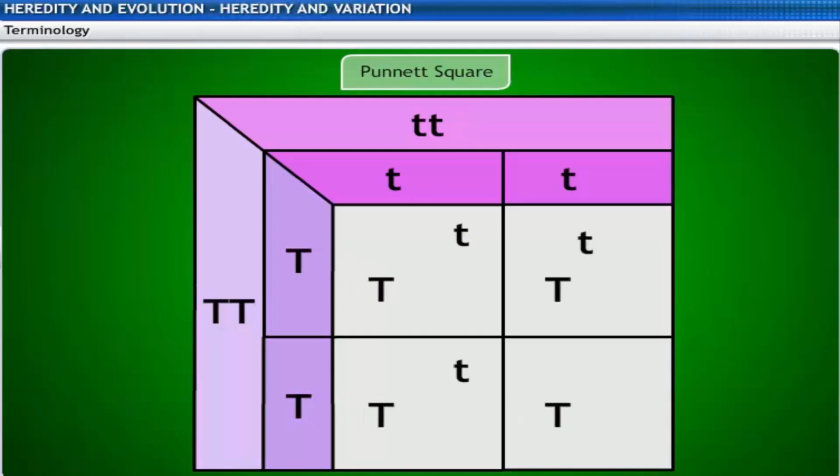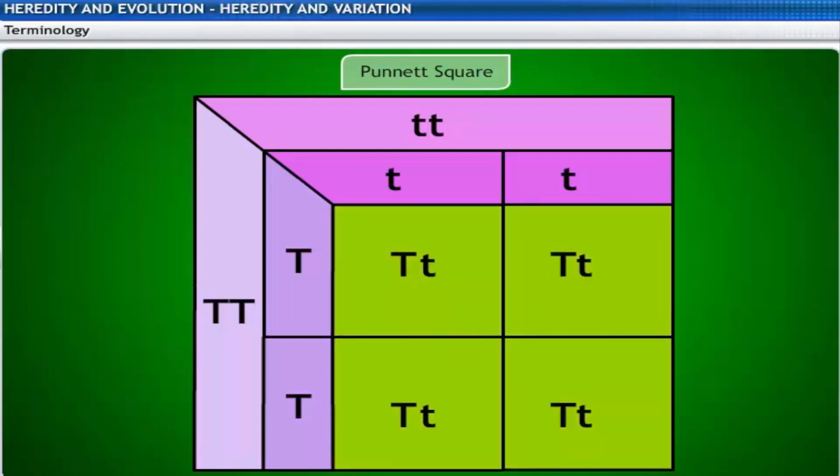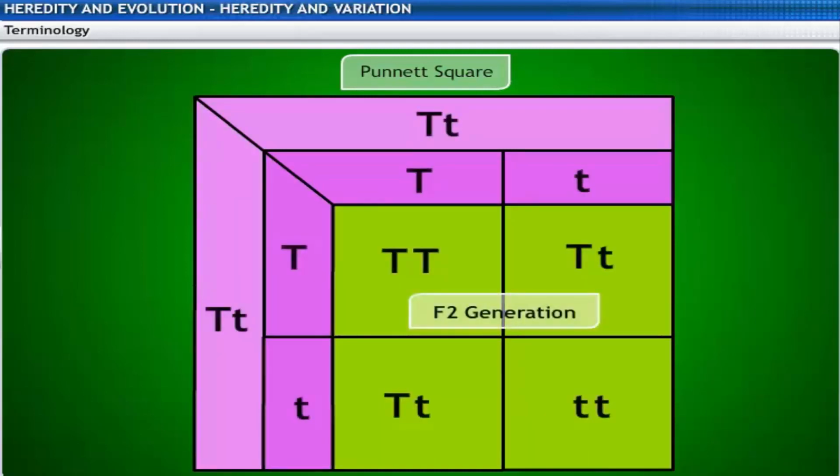Combine the parent alleles and place the offspring's possible genetic combinations in the below box. F1 generation is the first filial generation offspring produced by crossing two parental strains. F2 generation is the second filial generation offspring produced by crossing F1s.